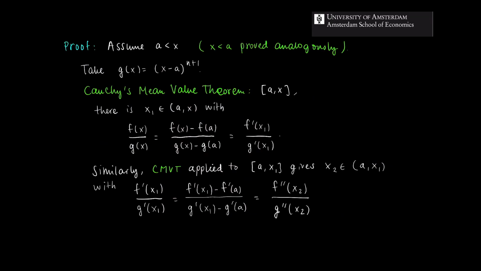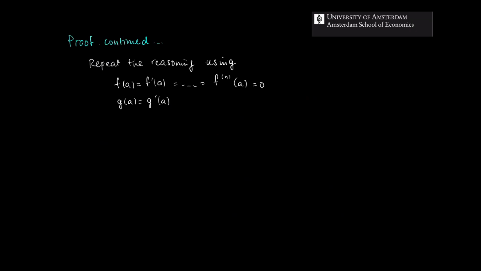Like so. But then we can continue and now apply Cauchy's mean value theorem to the functions defined by f double prime and g double prime. So we just continue by doing the same reasoning. So we use that f(a) equals f prime (a) equals the nth order derivative at a equals 0, and the same holds for g.